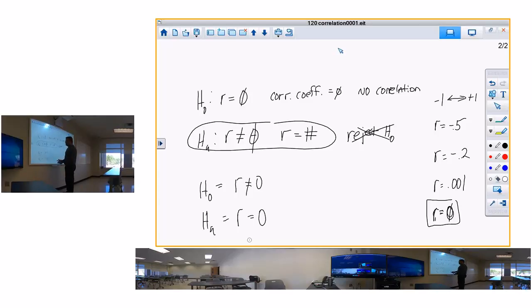If you come out with a number, then you accept the null hypothesis. So R is equal to 4, R is equal to 1, then you would accept the null hypothesis. If R is equal to 0, you reject the null hypothesis.